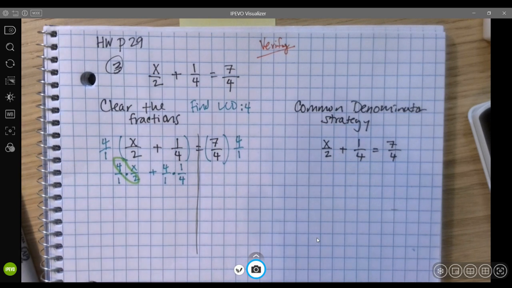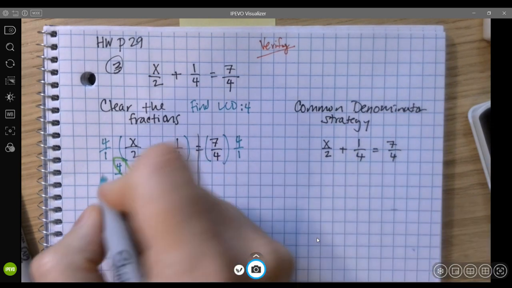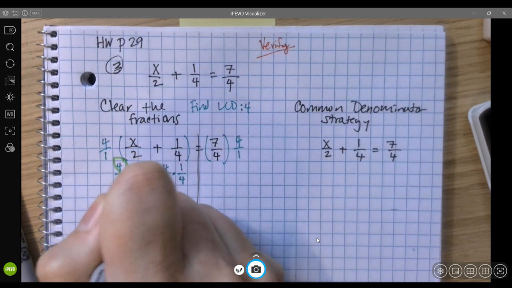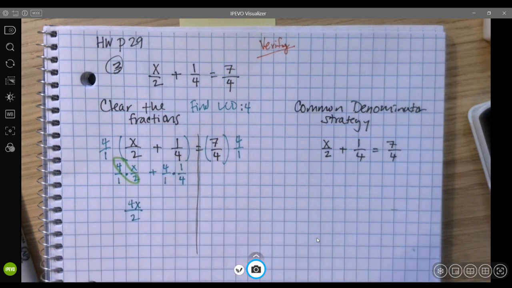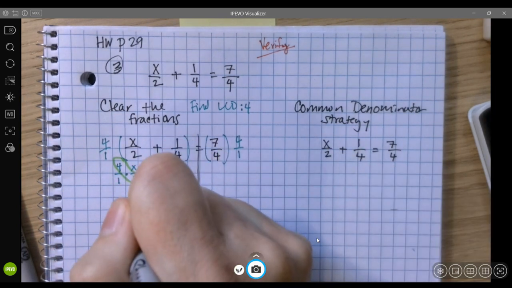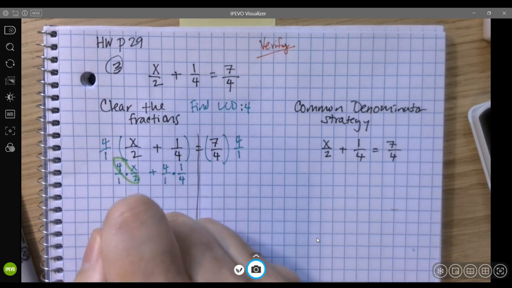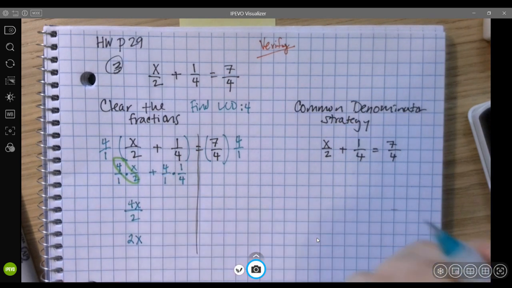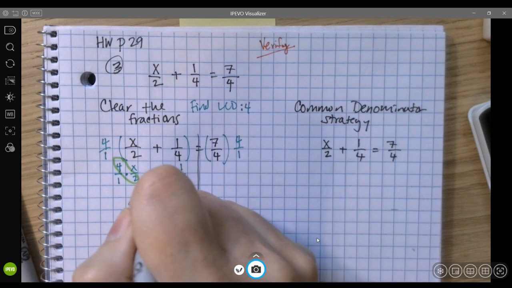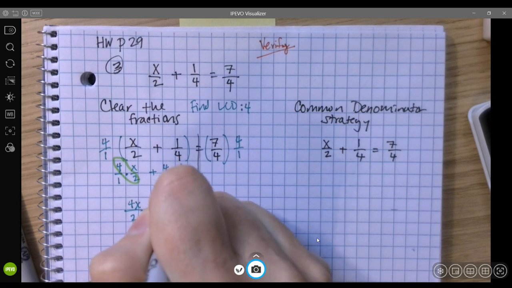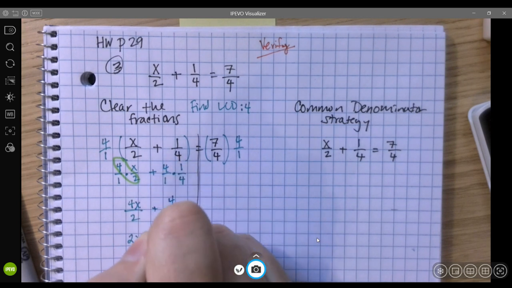If you didn't notice how to reduce it, you would get to here, 4x. 4 times x, 1 times 2 is 2, which we can then, 4 divided by 2 is 2, which we can then reduce down to 2x. You get to the same place either way. And then 4/1 times 1/4. 4 times 1 is 4. 1 times 4 is 4. So that's plus 1.